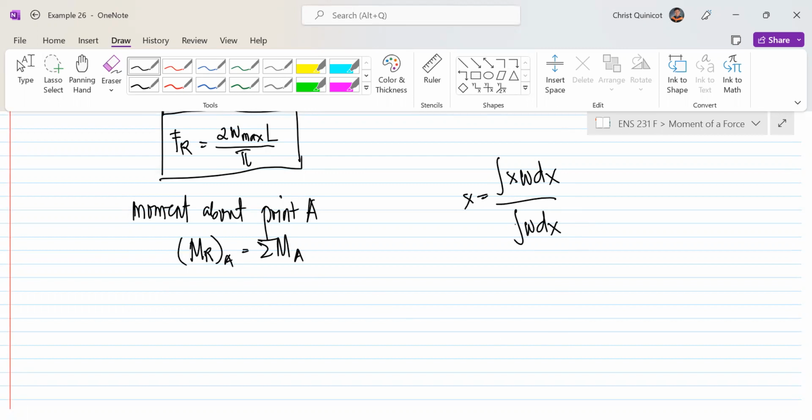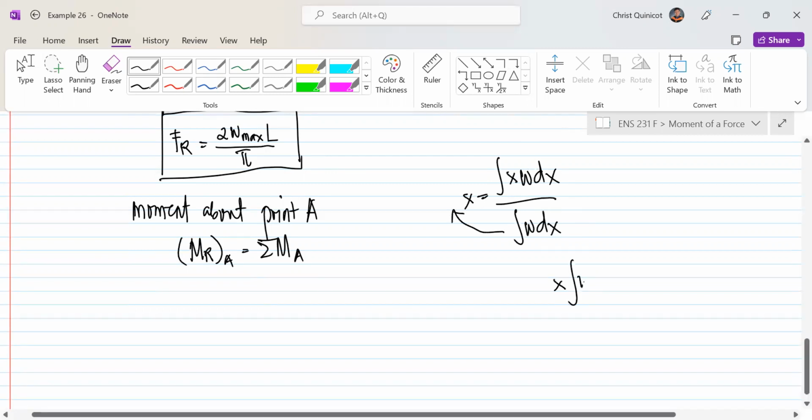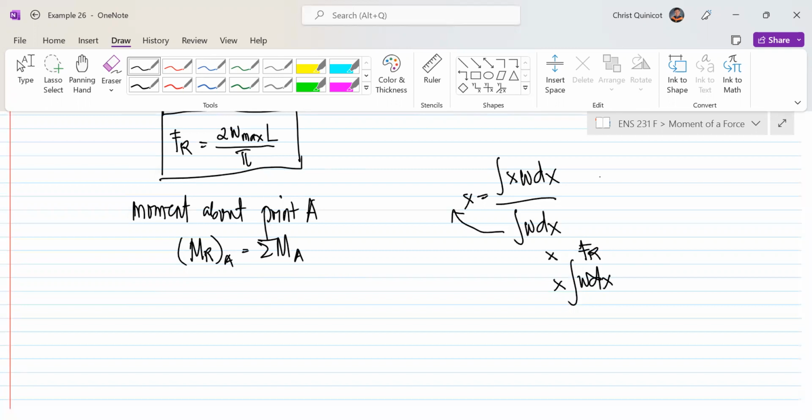So if we multiply F sub R back here, this x bar is our distance, and this is our F sub R, which is our resultant, and that is equal to the integral of x times w dx. That is not the sum of all forces, but the sum of all the moments that act over your specified length.